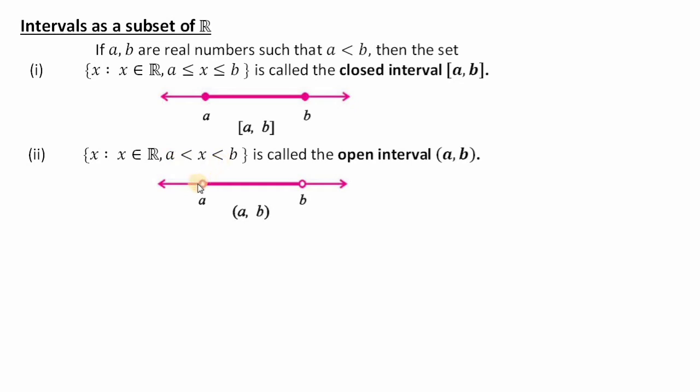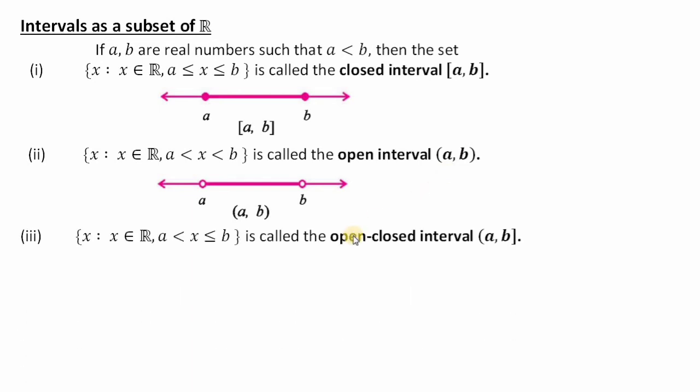If it is not included, then we put this kind of open circle, and if it is included, then we put a dark circle. Here b is also not included, so to exclude b we draw a circle like this, and in between a and b, whatever points come will be the values for x. So this is called open interval, and whenever you see this bracket, it means a and b are excluded from the set.